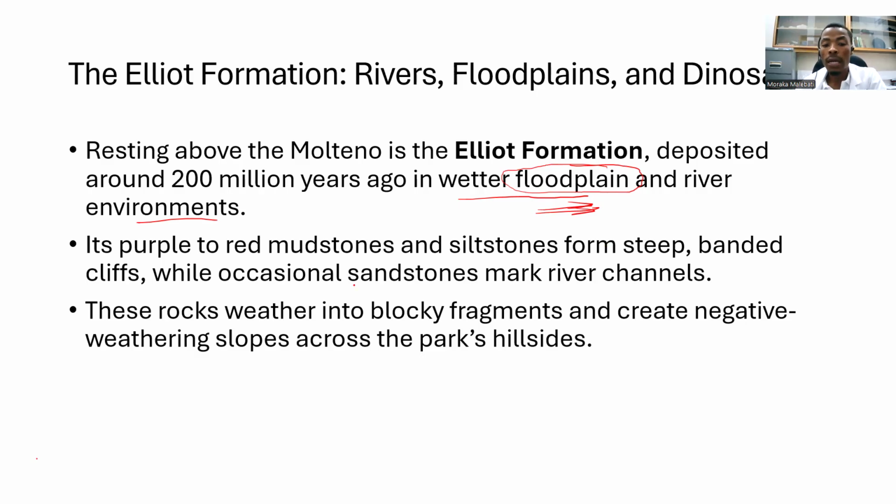The pebbly red mudstones and siltstone form steep banded cliffs, while occasional sandstone marks river channels. These rocks weather into blocky fragments and create the negative weathering slope across the park's hillside, right?